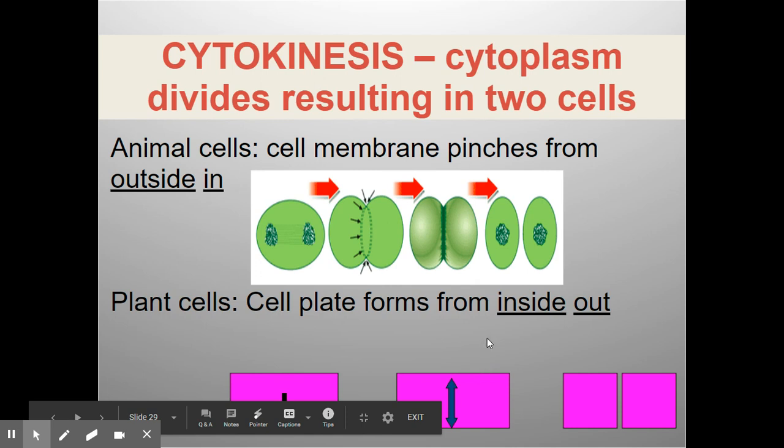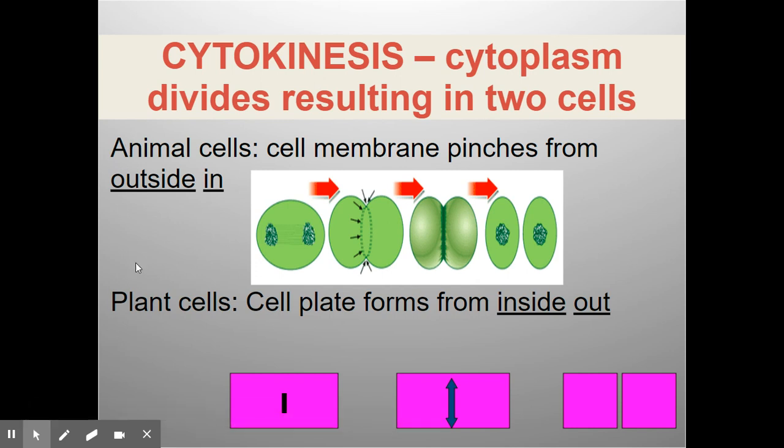So instead they make their barrier wall inside before they split off from each other. Okay, so just know that when they do cytokinesis, animals pinch from the outside in, plants separate from the inside out.